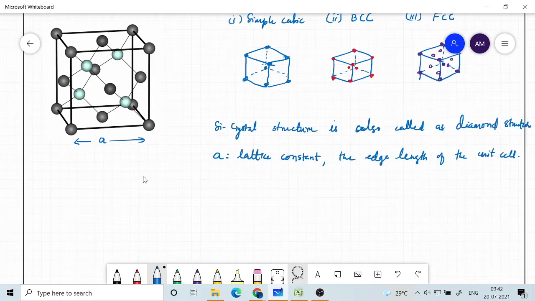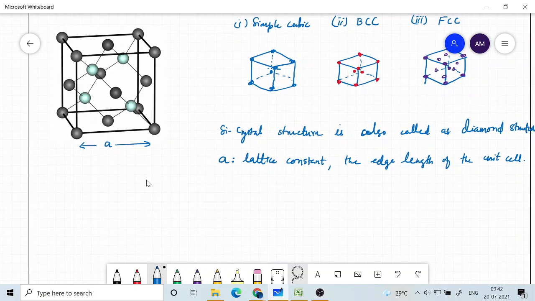Okay, so coming to the structure of the silicon, you have an FCC lattice, as you see here, built up of these black atoms. All are silicon atoms, but just to distinguish between the first FCC lattice and the second FCC lattice, we are using a different color. That doesn't mean that these are different species of atoms. All are silicon atoms. Okay, so you can see corner atoms as I have drawn here, and also on the face of every side there are 6 more atoms in addition to the corner atoms.